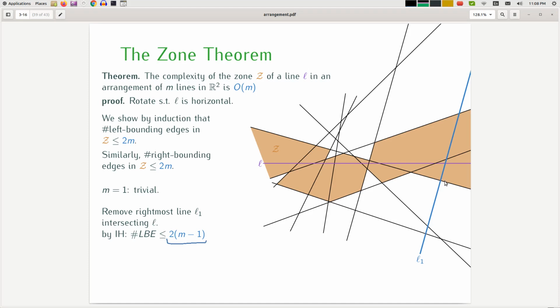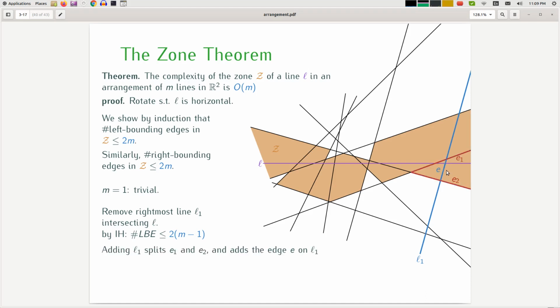How do I prove this, that this number increases by 2? So let's look at this intersection point. And let's go down and up. So move along the line L1, up and down, until you find the first 2 left bounding edges that are split by this line L1.